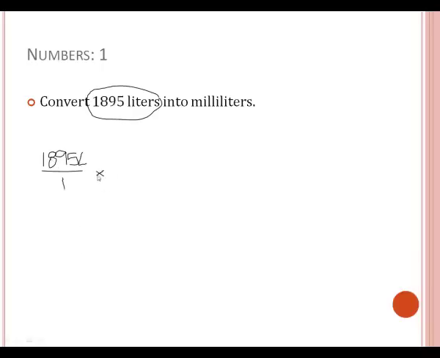So now we're going to have to multiply. And if we look, we want our answer to be in units of milliliters. That's what it asks for. So if I want units of milliliters, it needs to be right here. In order to convert this, I have to cancel out units of liters.